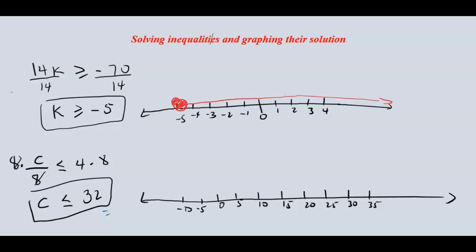We go on the number line and find the number 32. Let's assume 32 is right here. We make a circle on 32, and because it's less than or equal to, we close the circle. Because it's less than, we draw an arrow on the left side of the circle all the way down. So that's how you graph this.